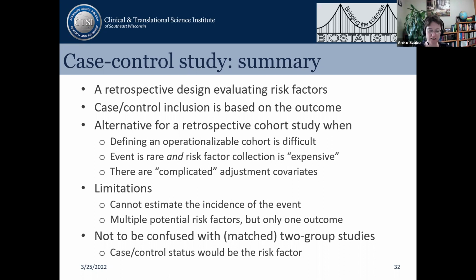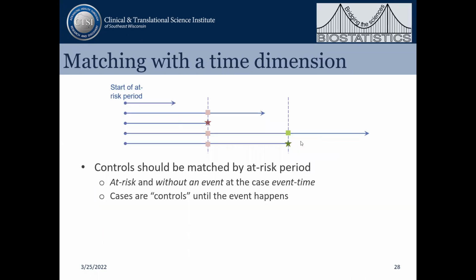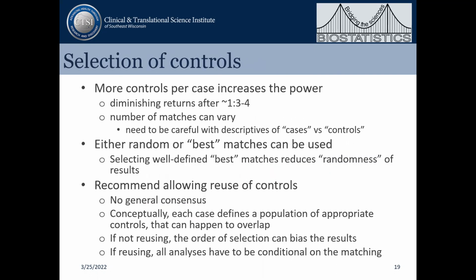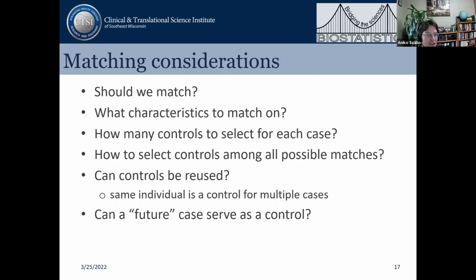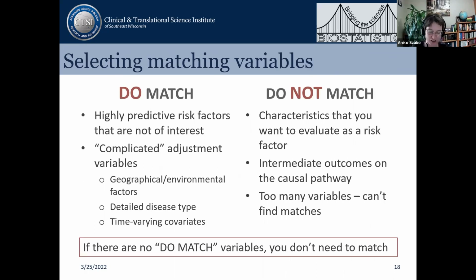So if propensity score is a consideration, you might actually be in the matched two-group study setting, right? Where your cases and controls are actually not the outcomes, but the predictor is the risk factor. That is a little bit different than the case control study, where that's the outcome. But in general, when matching, you can always try to use statistics to adjust for things, right?